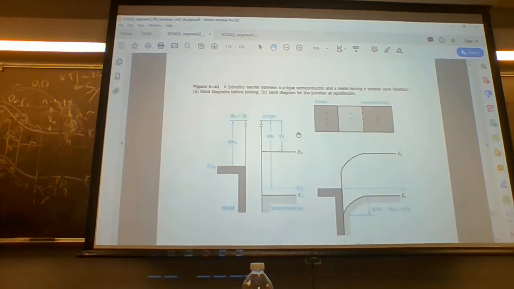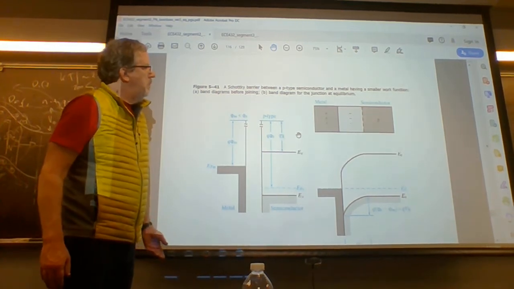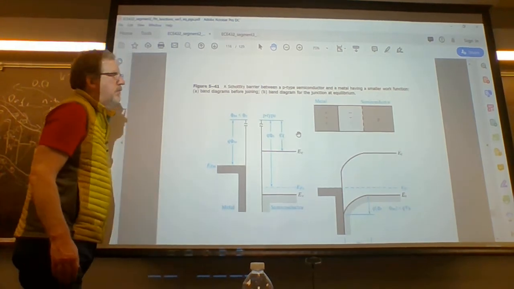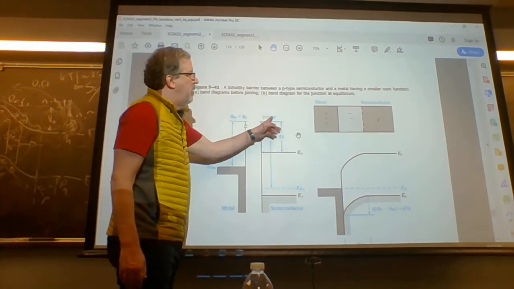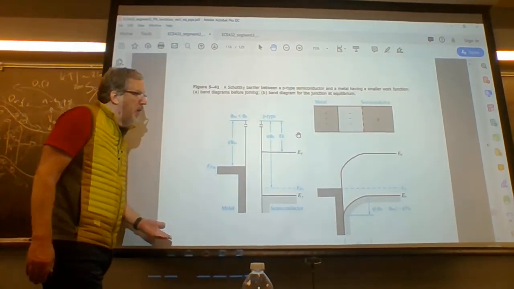And so you just do this with an N-type semiconductor because it wouldn't form the barrier if you did it with a P-type, right? This is a P-type material, which means that it's really hole dominated.